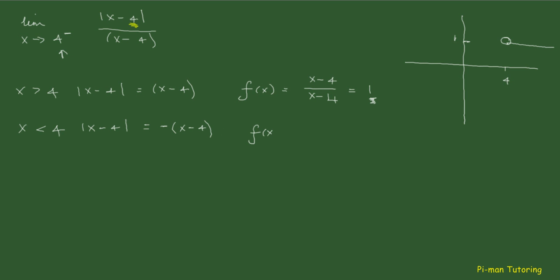And so I can write f of x in this region as negative (x minus 4) over (x minus 4). And these guys cancel out to give me negative 1. So everywhere below 4, the function is negative 1. But we're being asked for the limit as x tends to 4 from the negative direction. And that is simply negative 1.